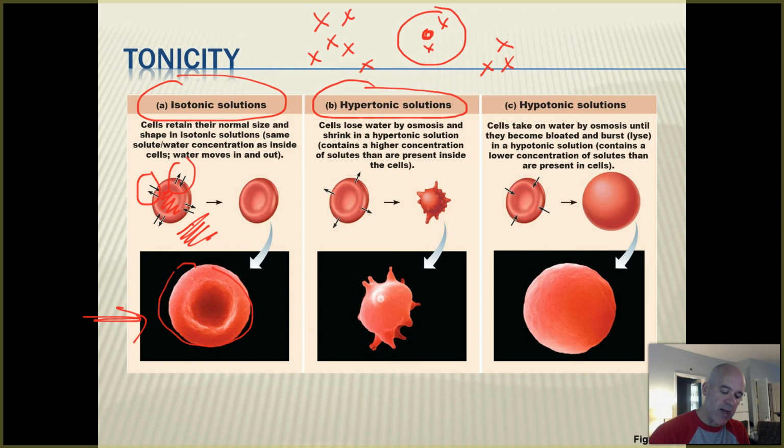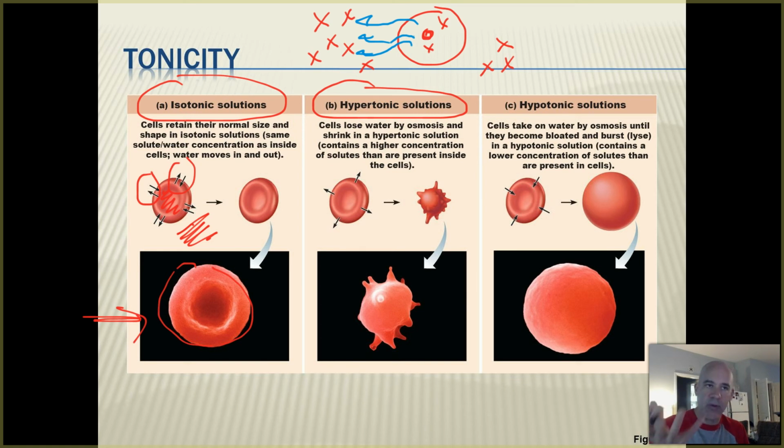Again, diffusion's going to happen until you equalize the osmolarity or solute concentration on each side of the membrane. So in order for that to happen, you're going to have more water flowing out than is coming back in to try to equalize the concentration on each side of the membrane.